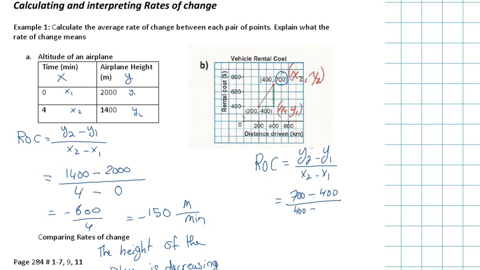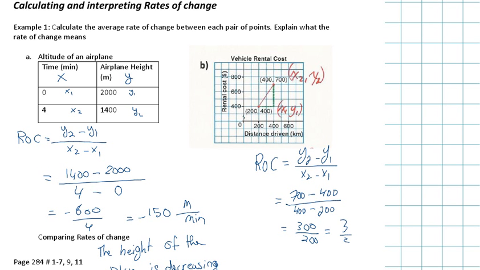Okay, so I did 700 minus 400, and then for the x values, 400 minus 200. So that should be 300 over 200, which is 3 over 2, or 1.5.